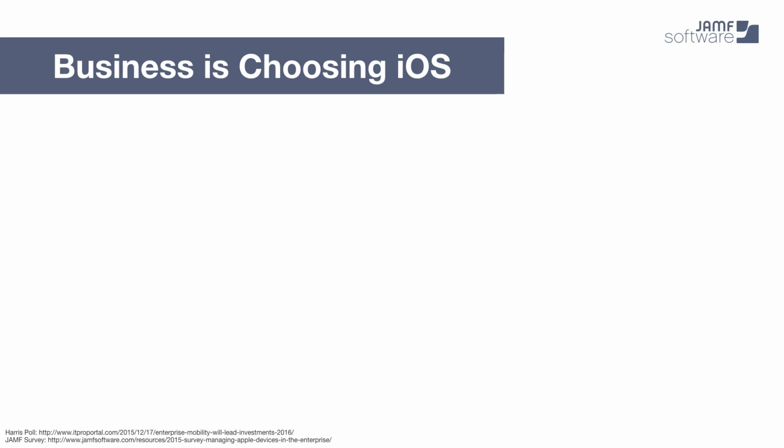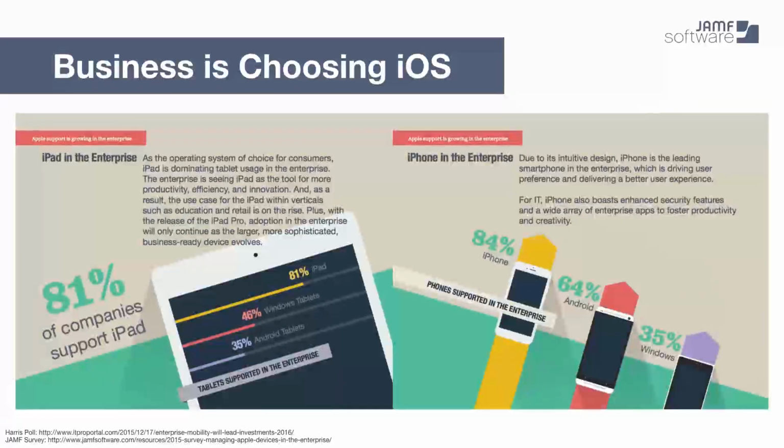Now, we here at Jamf also conducted a survey recently among IT professionals, and we found that 81% of companies are choosing to support iPad, compared to somewhat lower numbers for some of the competitors to iOS. And 84% of companies are supporting iPhone, again, with lower numbers for the competitors to iOS there.